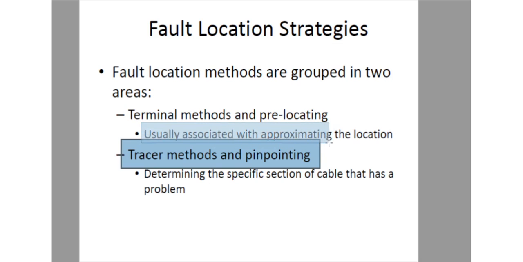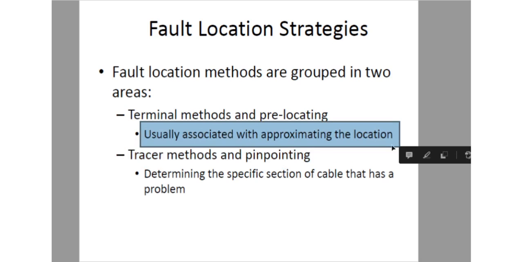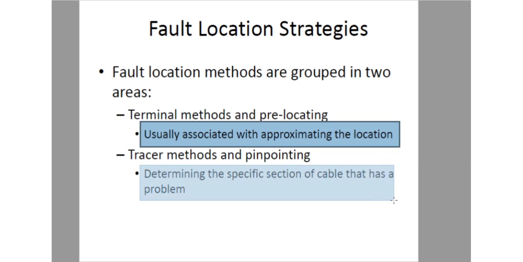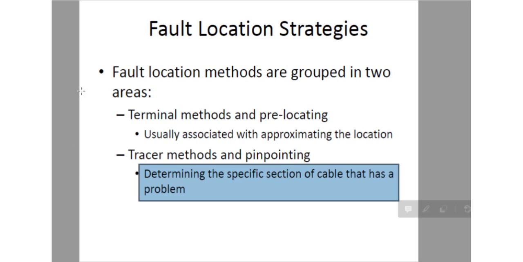It is usually associated with approximating the location, and in the tracer method we have to determine the specific section of a cable that has a problem. These fault location methods are used for locating the fault in electric power cable.